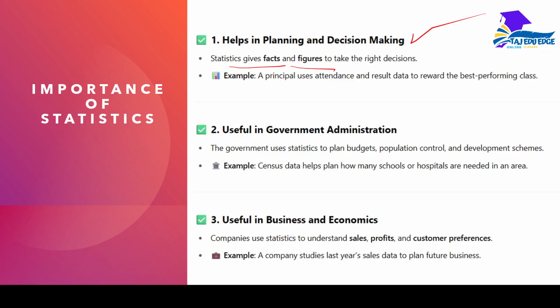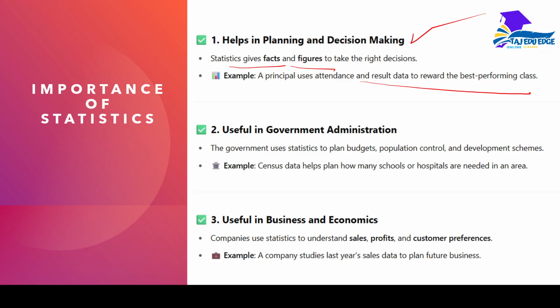Example, a principal uses attendance and result data to reward the best performing class, right? Based on the attendance and the result, if a principal appreciates the best performing class, then that is considerable. Or else, what would you say? Principal has appreciated that class, or he is doing a favoritism or something like that, right? So a right decision, a right plan can be made based on the facts and figures from the statistics.